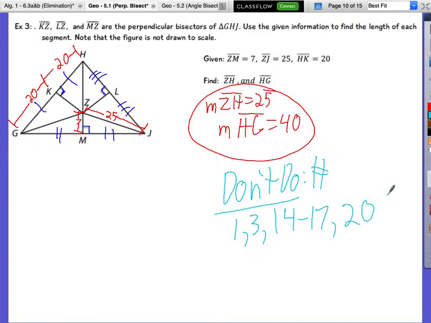So those are the ones I don't want you to do. And don't do 21, but do not cross it out. You can cross out the others, but 21, do not cross 21 out. You don't have to do it, but don't cross it out. It's not going to be homework, but don't cross it out.